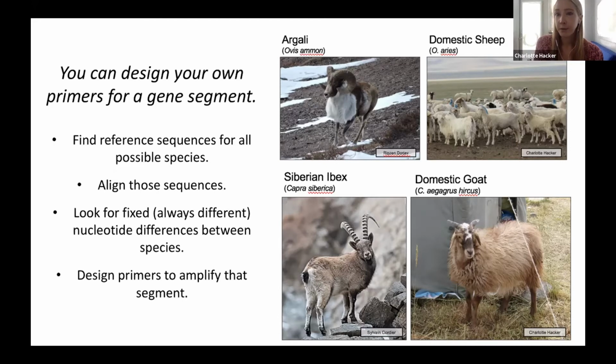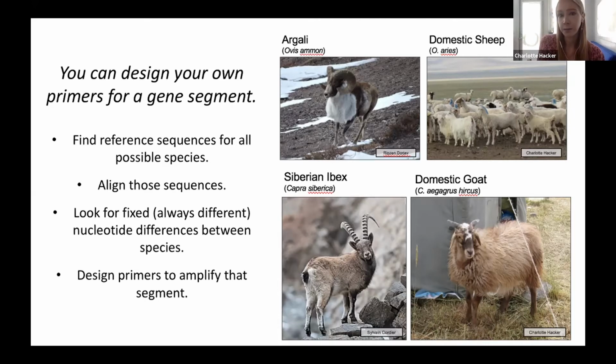I have to be able to 100% discern all of my possible caprid species within the areas of snow leopard habitat that I'm investigating. And there hadn't really been a sequence or segment of a gene designed specifically for caprids that could reliably and accurately discern them. And so what I ended up having to do was pull all these reference sequences for all of my possible caprid species that my snow leopards could be eating.